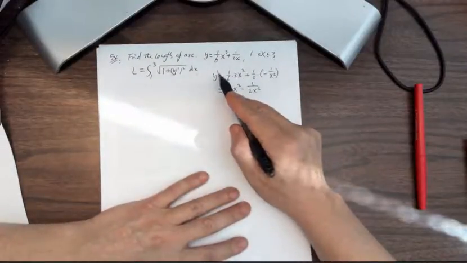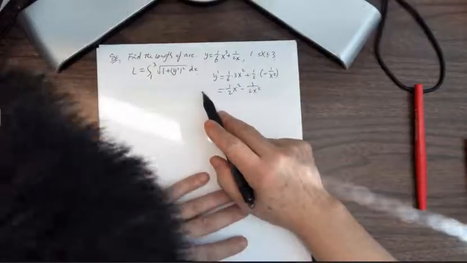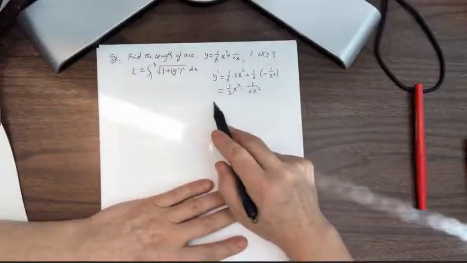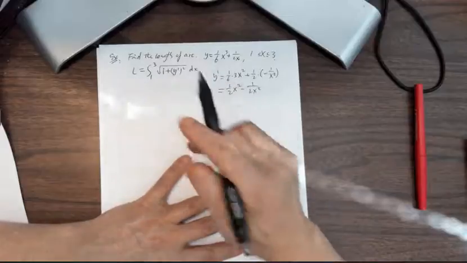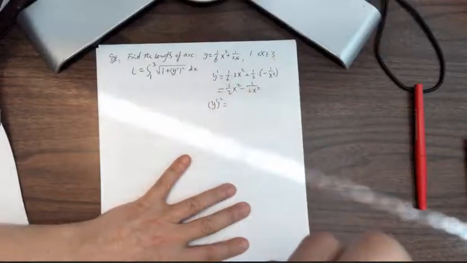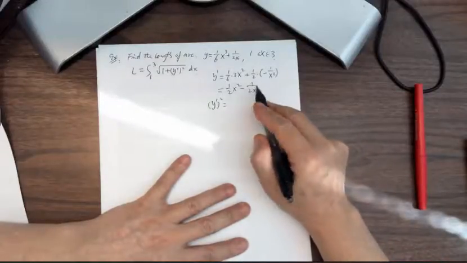Now I got y prime. Again, I want to do the algebra needed first on the side. It's just square it out, then plug in. So what's y prime squared? Well, I'm using again the square of a difference formula.